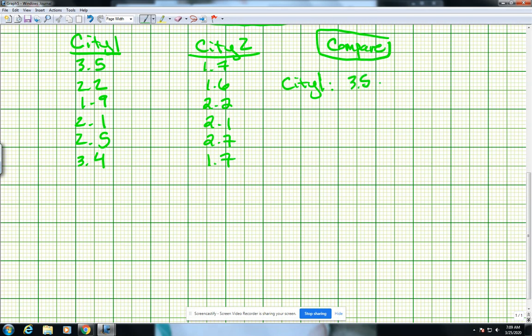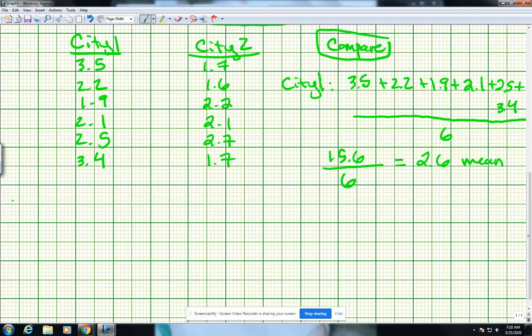So we have 3.5 plus 2.2 plus 1.9 plus 2.1 plus 2.5 plus 3.4, and that entire list, there's my division bar, is going to be divided by 1, 2, 3, 4, 5, 6 different values. So waving my magic wand, adding up all of these decimals would give us 15.6 as our sum, and we're going to divide that by 6 total data values, which gives us a whopping 2.6 inches for our mean.